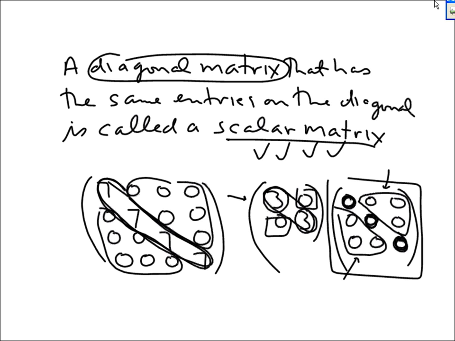You can't discriminate against what's on the diagonal. If they're not all the same, it's a diagonal matrix if zeros are off the diagonal. If they're the same exact entries in all diagonal positions and zeros elsewhere, we can call it a scalar matrix.